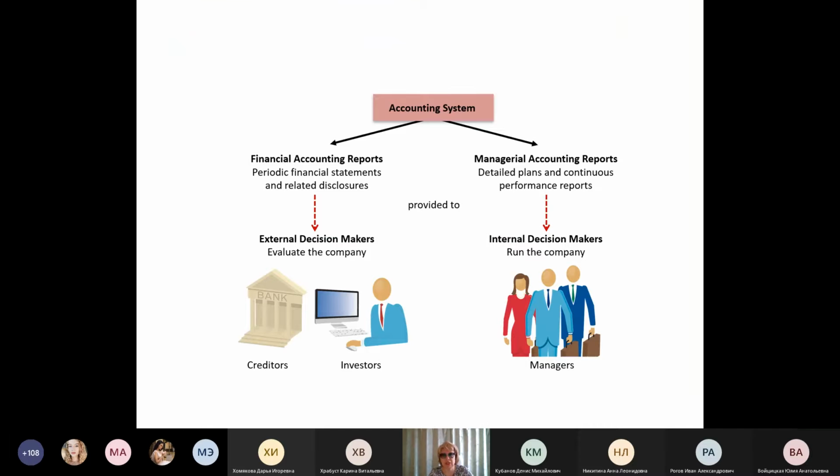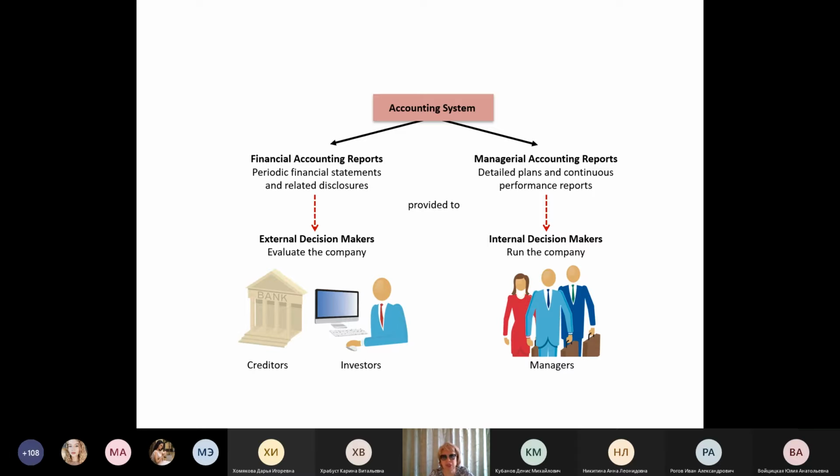Accounting is a system, and this system consists of 2 main components, financial accounting and managerial accounting. Financial accounting is the main language for communication with external decision makers, everybody outside the company. It could also be people inside the company who don't have any access to the accounting information.